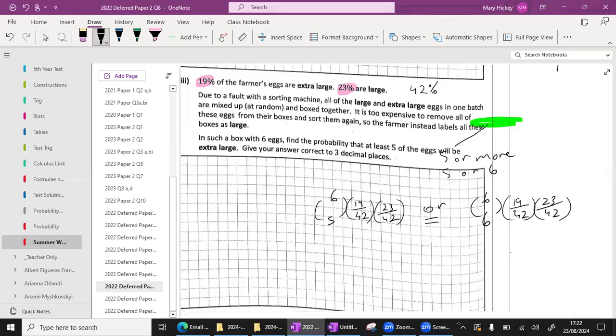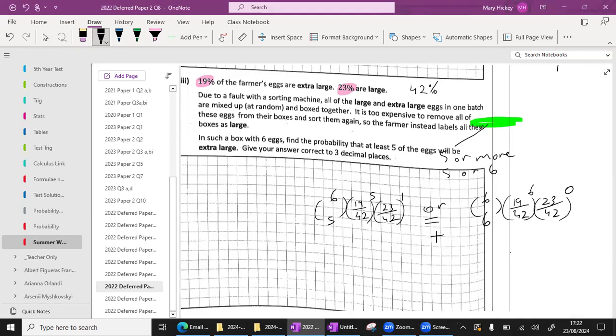So that's going to be 5. That's going to be 1. That's going to be 6, and that's going to be 0. Now, because it's one or the other, it's a plus. So when I go to do this on my calculator, I do 6 choose 5, and then I multiply that by, oh, sorry, I'll do that again.